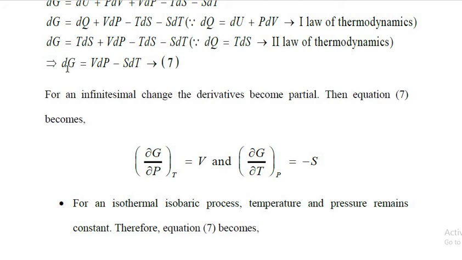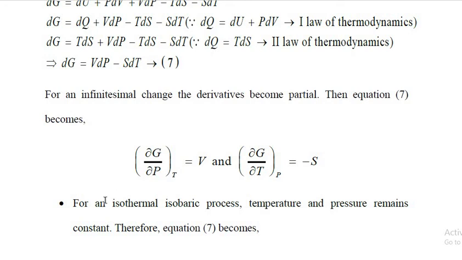So you will have dou G by dou P at constant T is equal to V. Similarly, at constant P, the first term will become 0. So you will have dou G by dou T at constant P is equal to minus S.